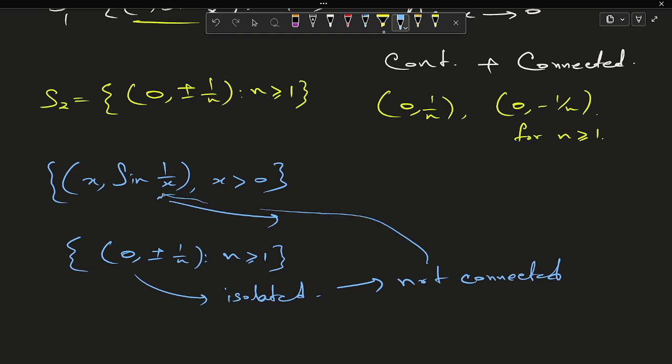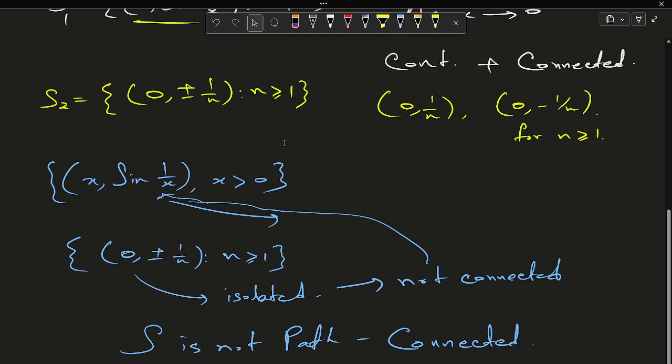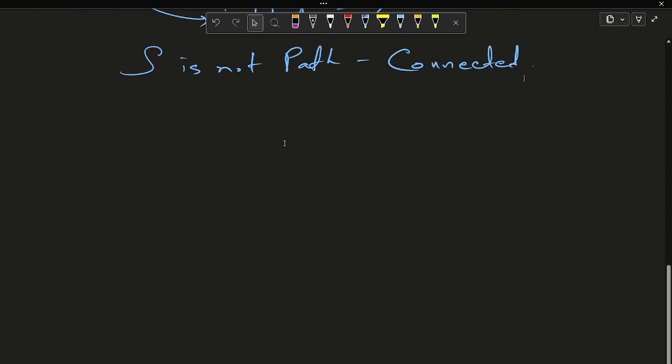There is no way to continuously connect the isolated points to the given curve or to each other because they are discrete and do not accumulate anywhere in S. So S is not path connected, as it has no continuous path to connect its components. Now we are going to talk about its connectedness.